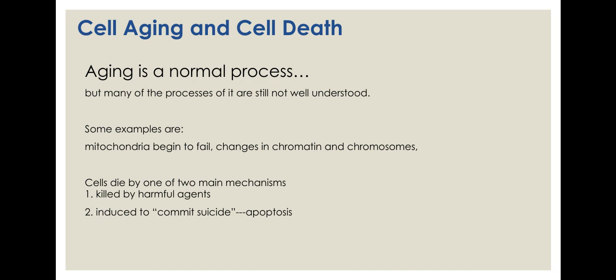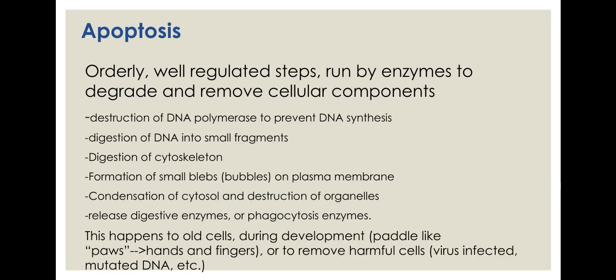That's really not important. We just don't understand all of it. Some examples of things we see in a normal aging process, though: mitochondria begin to fail. There is change in the chromatin and chromosomes, and just overall not working as it once had.